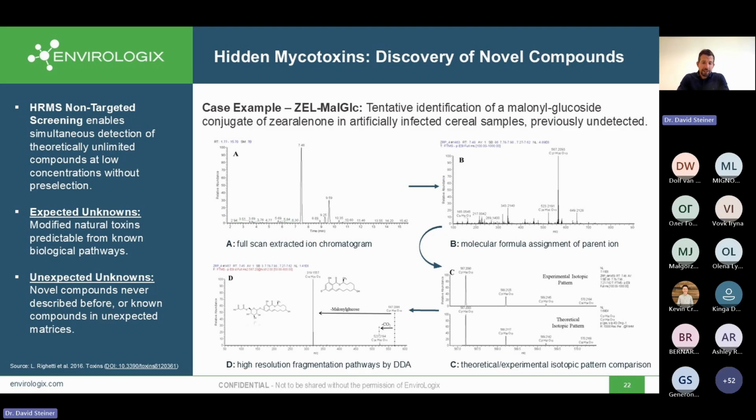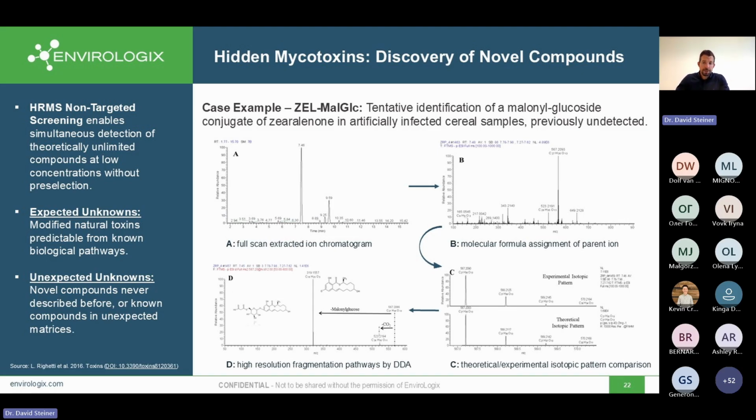And for that, I have here one example to explain it a little bit better. An example of a masked mycotoxin formed in plants, namely the malonyl glucoside conjugate of cereal enol. So briefly, how does this look? The high-resolution workflow starts with a full scan to record all the ions. It's then extracted, or the relevant peaks are extracted for the analysis.